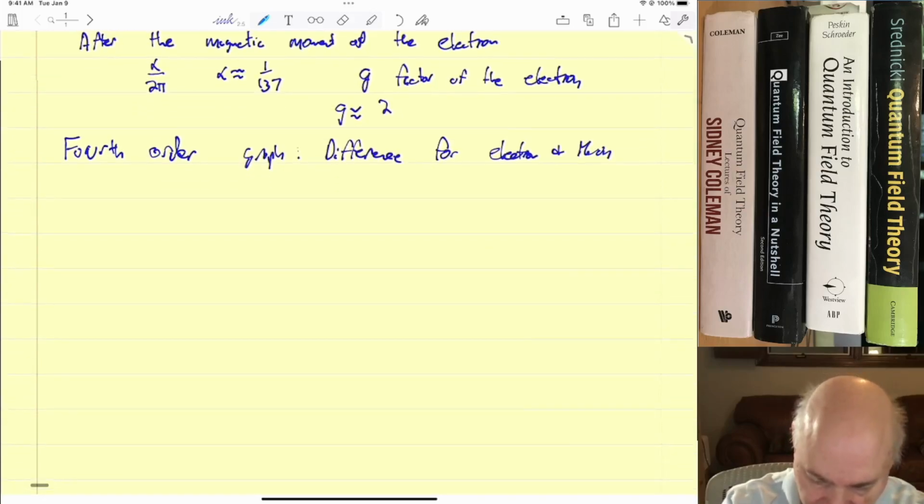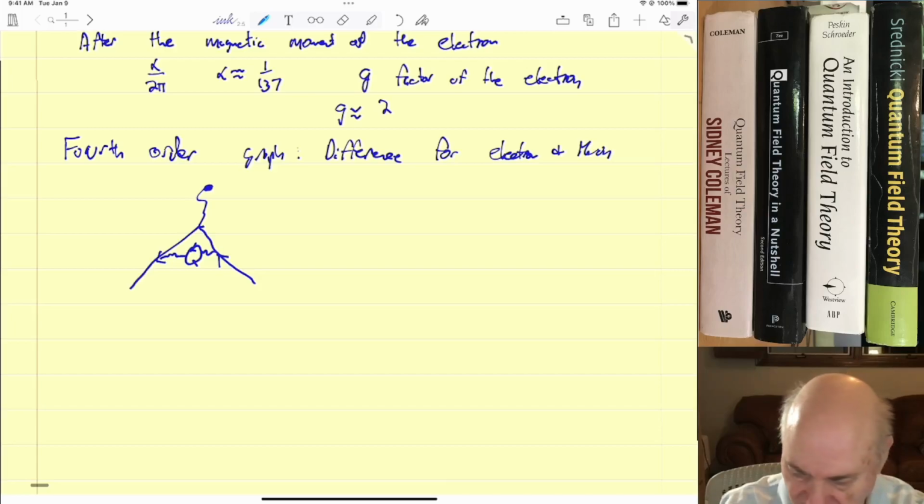We have this diagram. I'm drawing them like Coleman draws them. Everything goes from right to left. And so without this bubble here, it would be the usual second order, and we'd get back to the alpha over 2 pi.